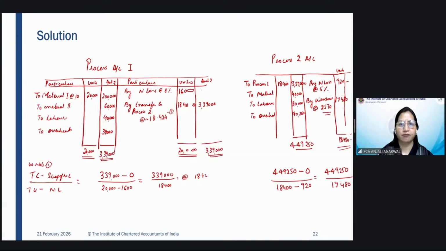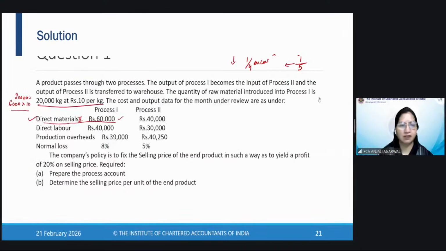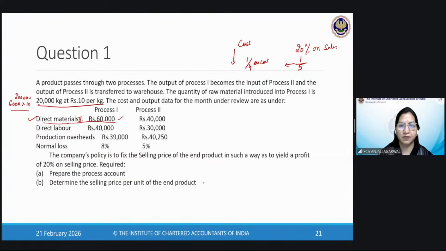Yes, 25.70. And finally, it is asking one more question. Determine the selling price per unit of the end product. So because it has moved to the warehouse, we assume that this is the end product we are going to sell. And we have calculated this 1/4 on cost. So selling price should be equal to cost, which is 25.70 plus 25% profit.